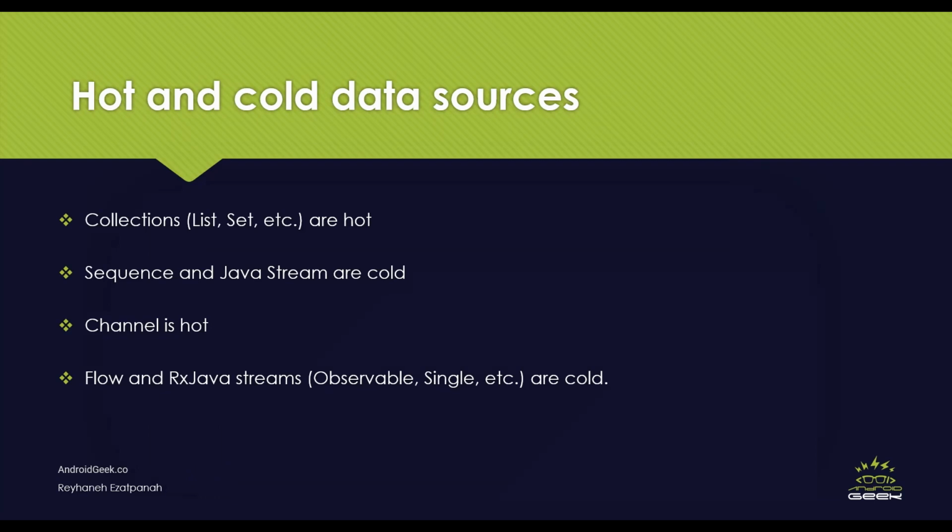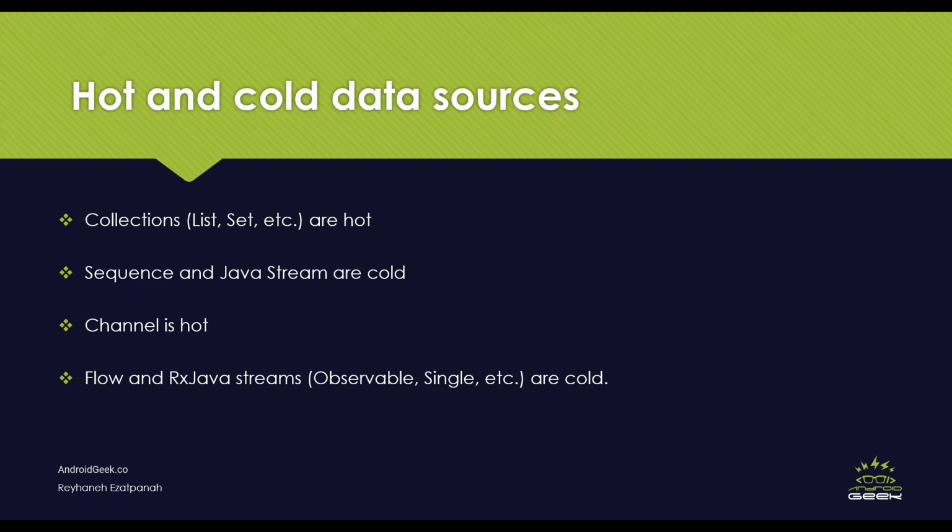And about hot and cold data sources. What does that mean? Since most data sources you use daily in your project fall into one of these two categories, it's useful to understand the difference between hot and cold streams of data.